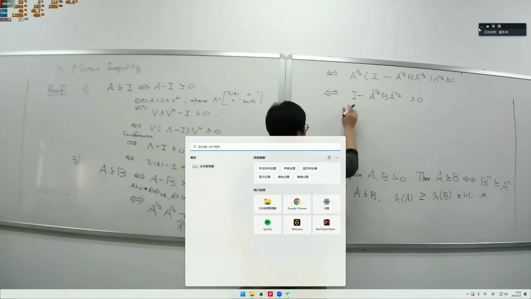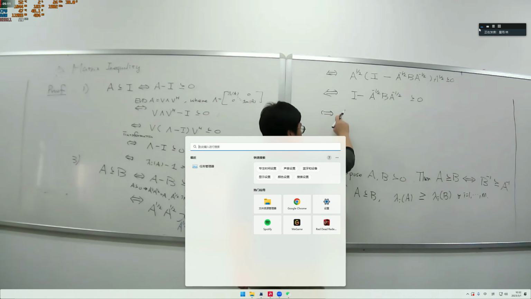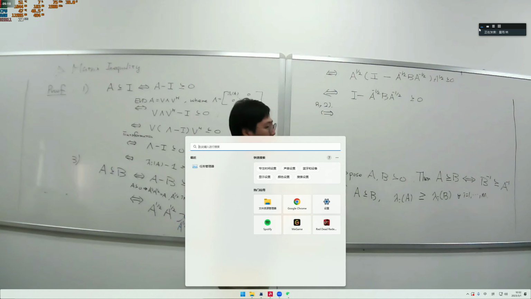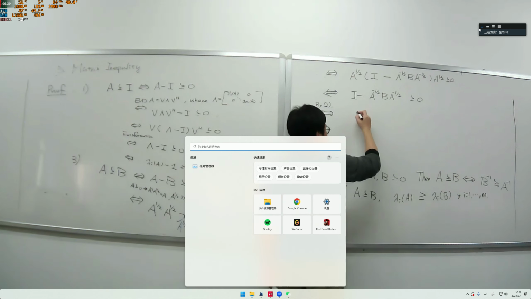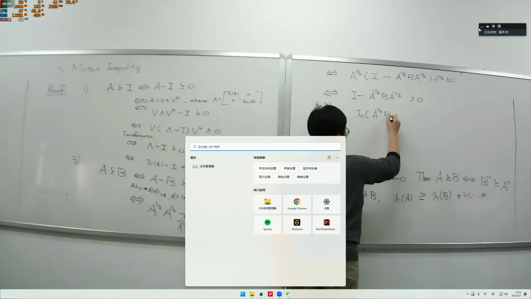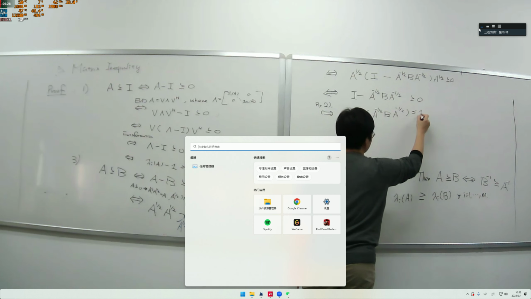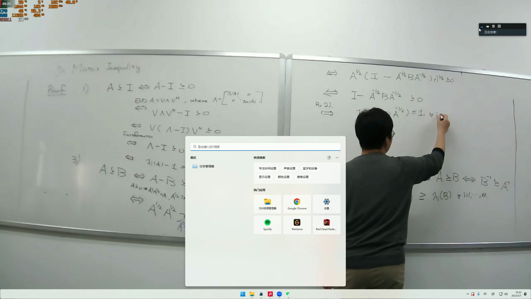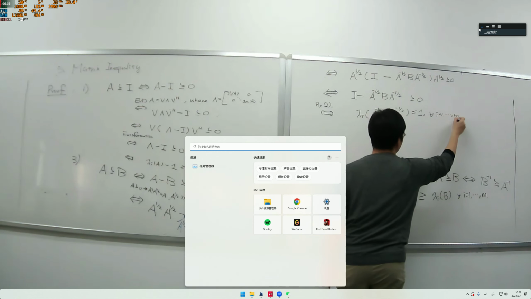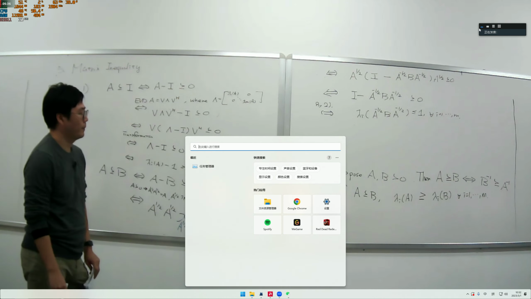Then here, this means that this matrix is smaller or equal to identity, then by the previous property 2, you know that the eigenvalues of this matrix are less than 1, for all i.